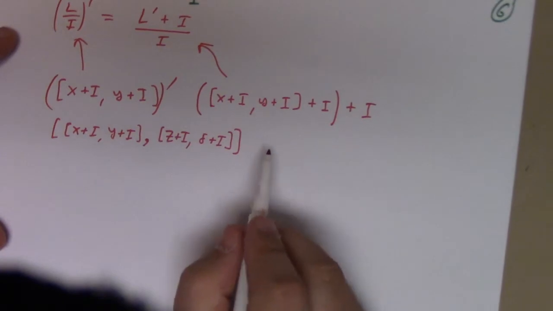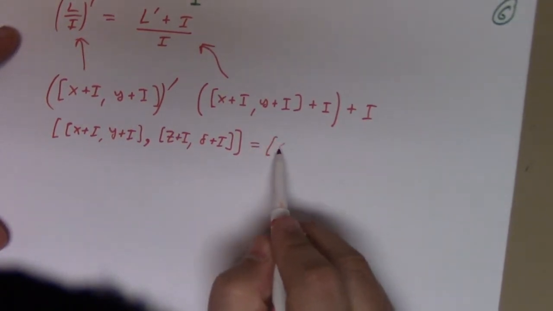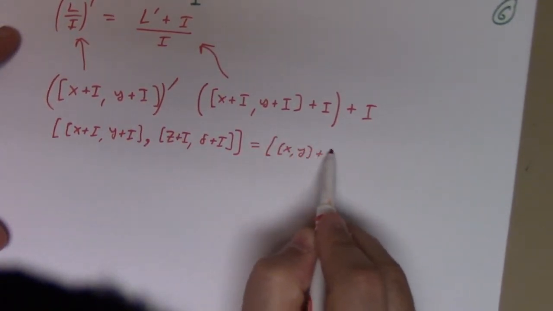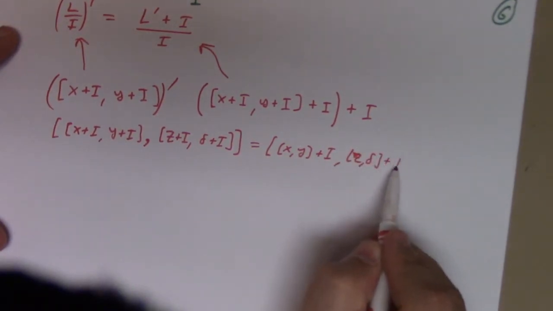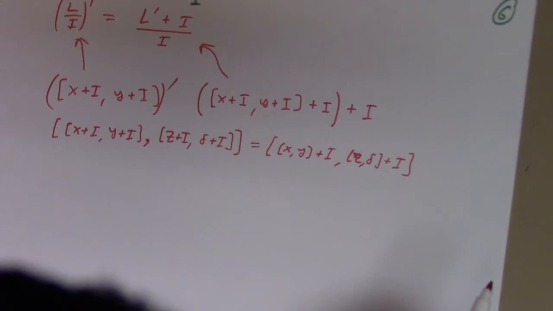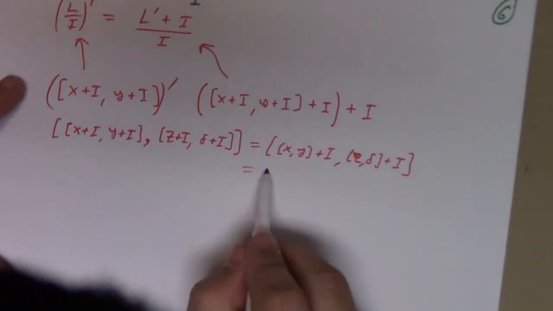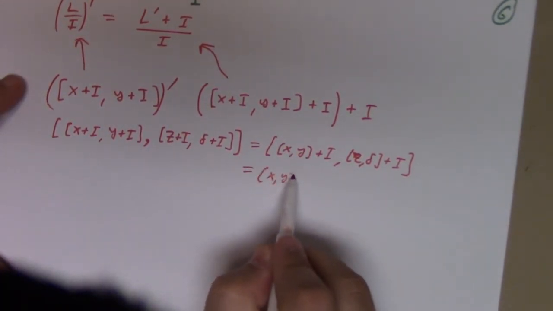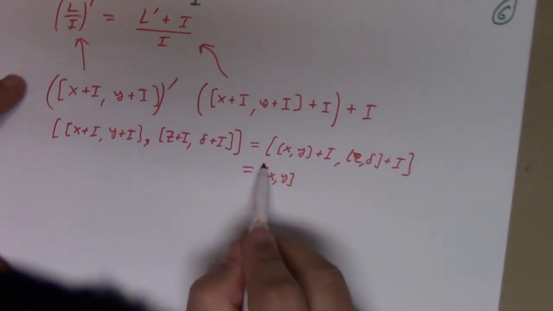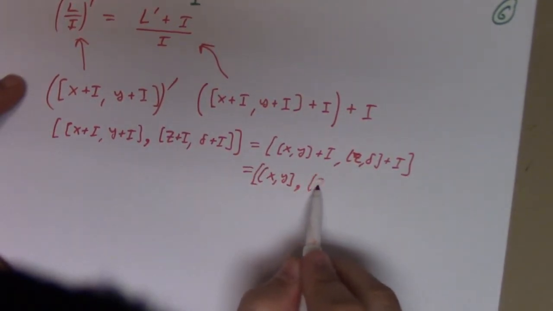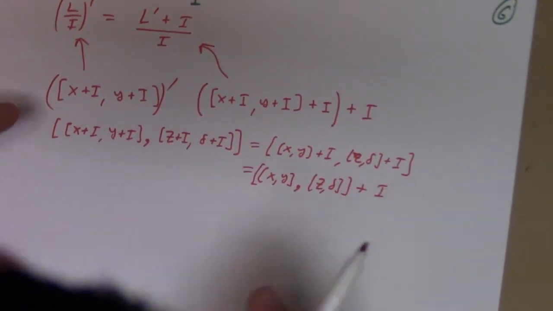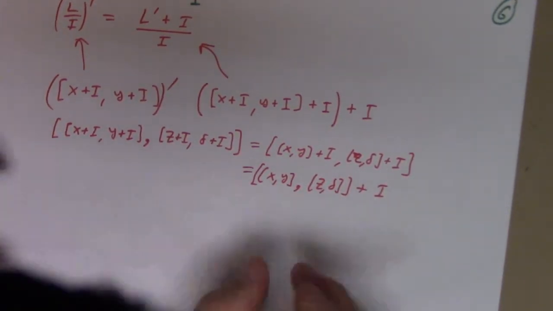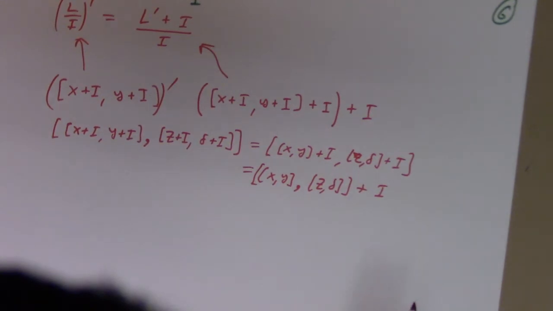Which, if you think about that, is basically the bracket of xy plus I with z delta plus I, which is the bracket of x, y with the bracket of z delta plus I. So these are twice bracketed things.